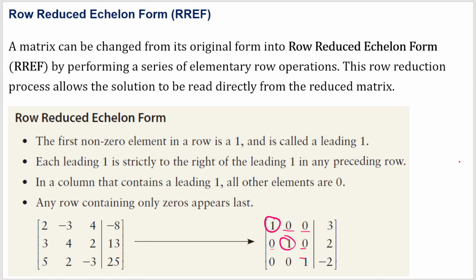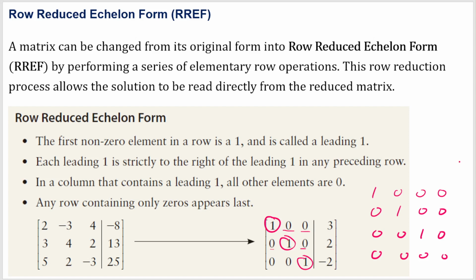Can you see that? And any row containing only zeros appears last. So for example, you might have an RREF like this: 1, 0, 0, 0, 0, 1, 0, 0, 0, 0, 1, 0, and 0, 0, 0, 0. This is also possible. Okay, we'll talk about this case in some examples later.